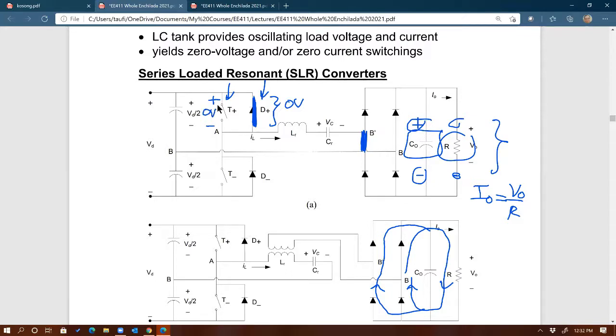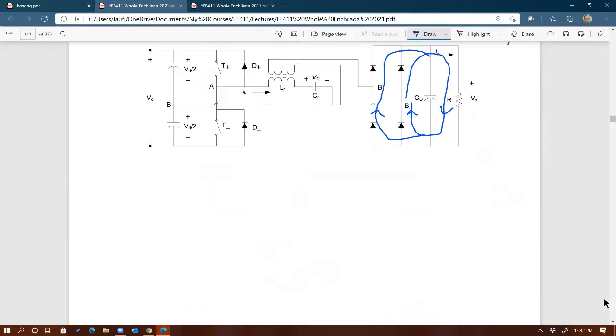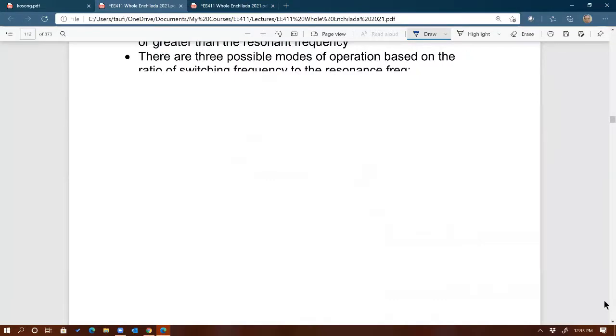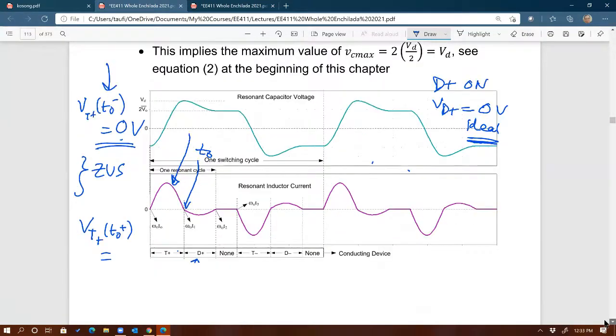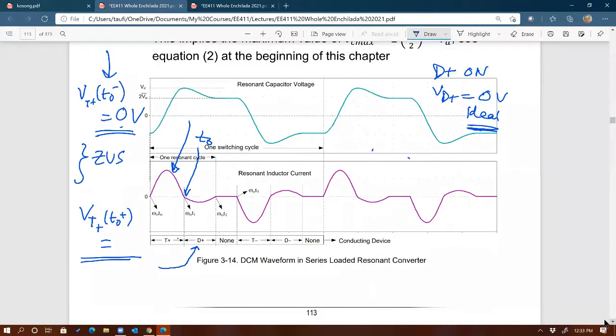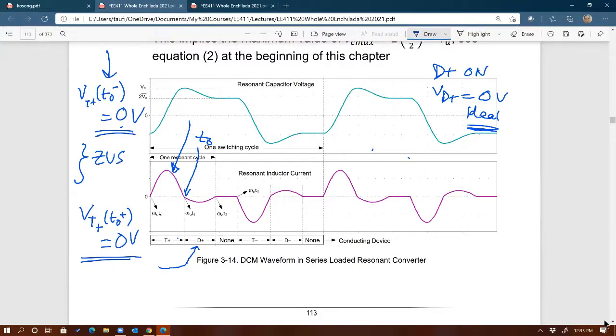You see that? So from there, I can conclude that right after T plus turns off, because D plus is conducting, and it just so happens that D plus is right across T plus, voltage across T plus after it turns off must be equal to 0 as well.